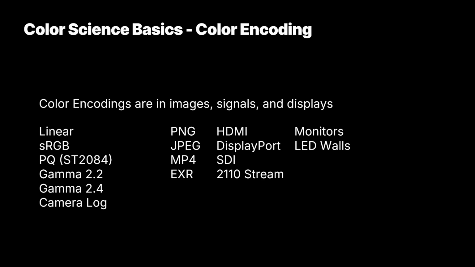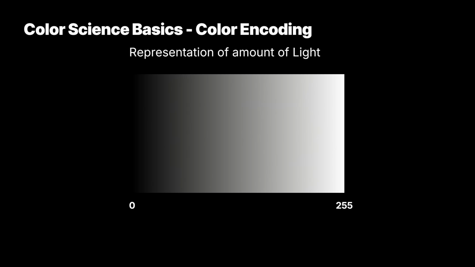And some of them are based on some of these needs, like linear and sRGB and PQ, and gamma is a common one. But even camera log, that is a way of storing light values in some other encoding. Now, when we talk about the representation of light, because that was what we were talking about here, we have 0 to 255 just plotted kind of straight across.